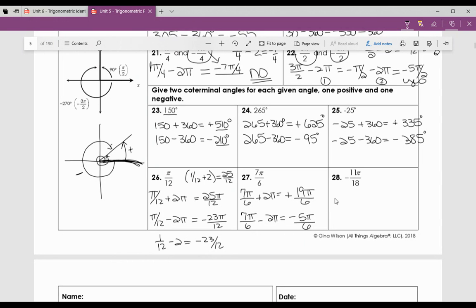All right, so negative 11 pi over 18 plus 2 pi, and negative 11 pi over 18 minus 2 pi. The hope is that this produces a positive and that this produces a negative, because your directions do say give 1 positive and 1 negative.